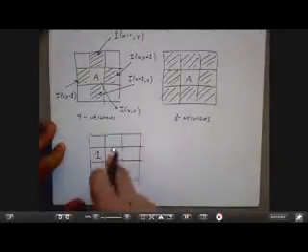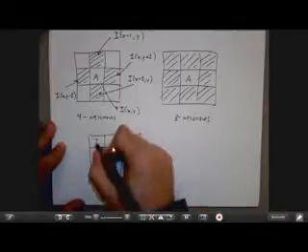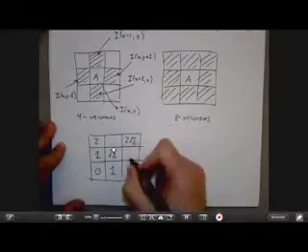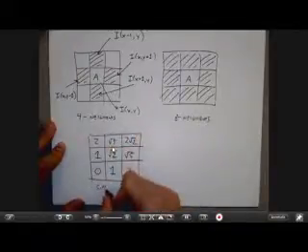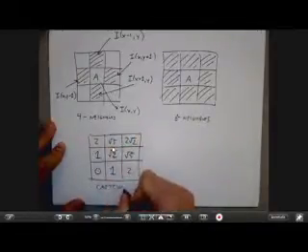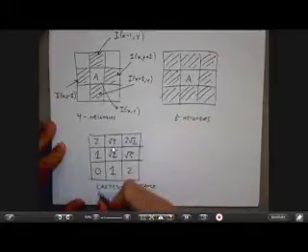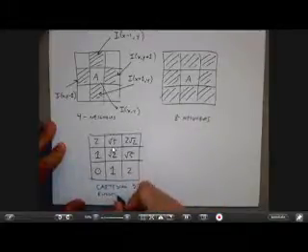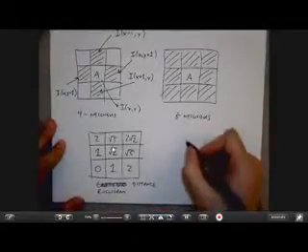This pixel will be square root of 2 away because it's got the diagonal. This would be 2, 2 square root of 2. This would be like square root of 5, and so on. So this would be like Cartesian distance, or Euclidean distance. I guess Euclidean distance is really what I mean.